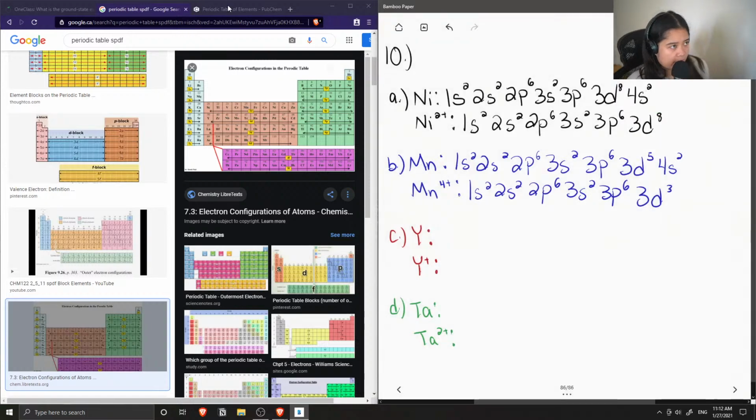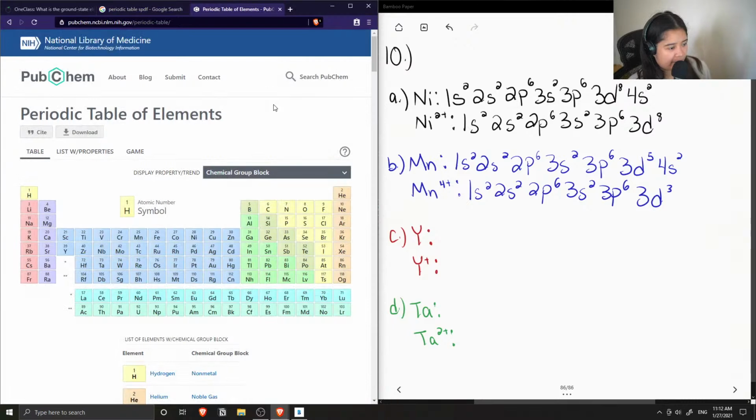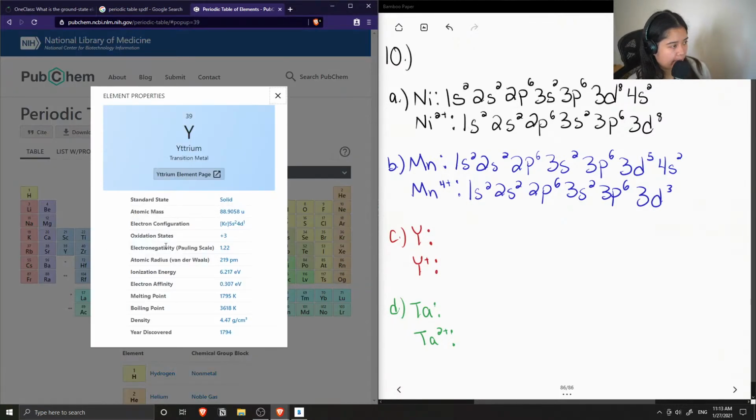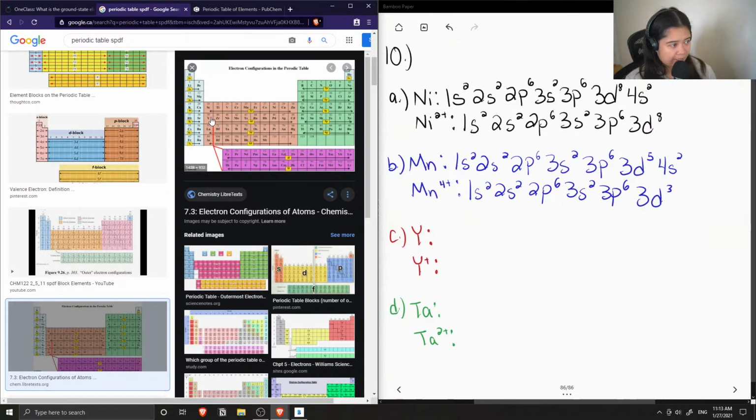Okay, so this is bugging me. I want to find out what the name of this element is. Yttrium. Cool. So it's atomic number 39. And since it's pretty far down there, we can write the shorthand electron configuration instead.